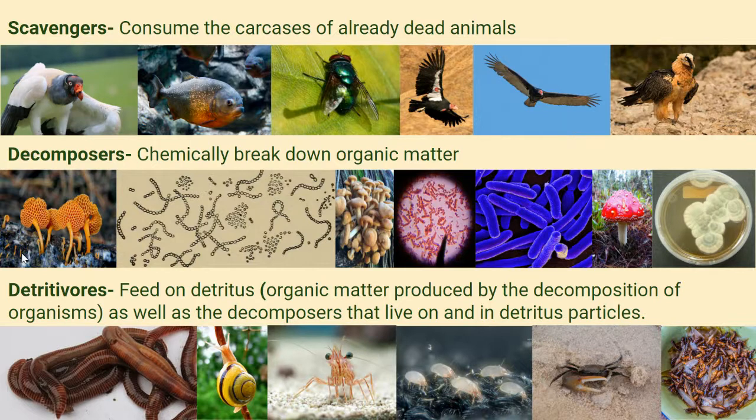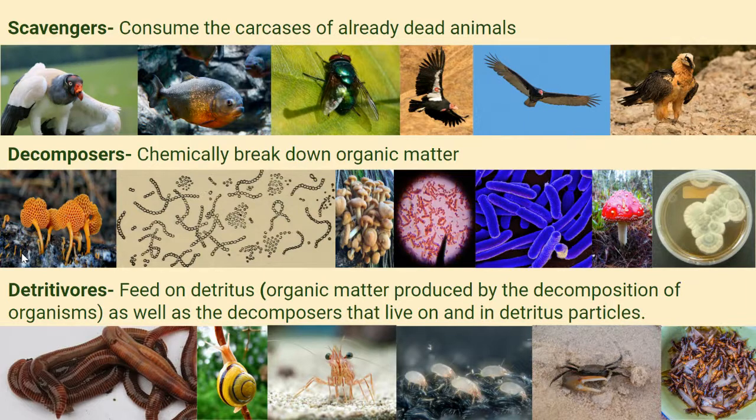And this last little category is one of my favorites. They are detritivores. Detritivores feed on detritus. Detritus is the organic matter produced by the decomposition of organisms. So whatever's left after the decomposers get done with their consumption of energy and nutrients, that is when the detritivores come in.